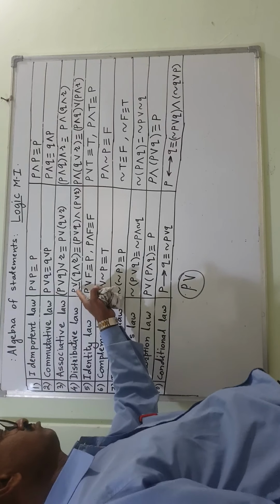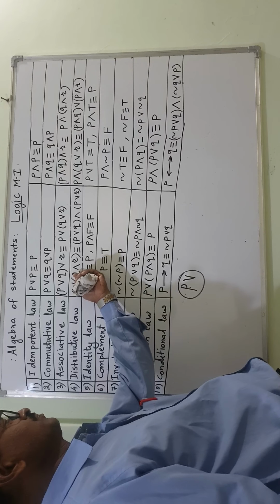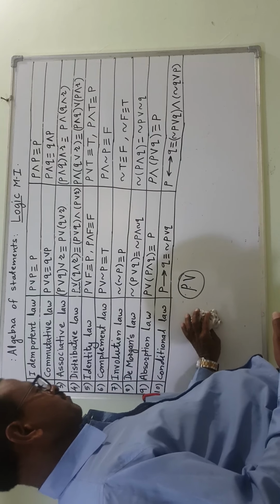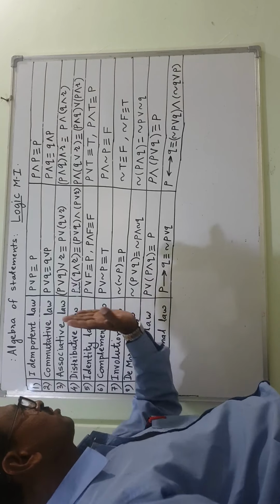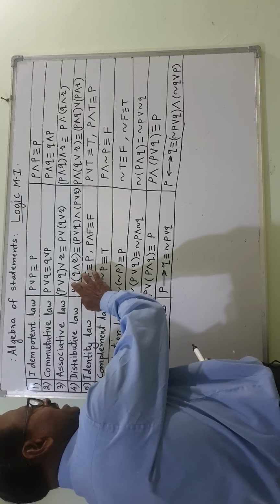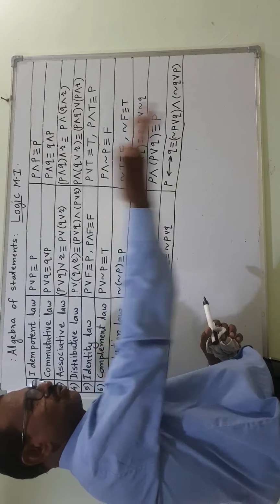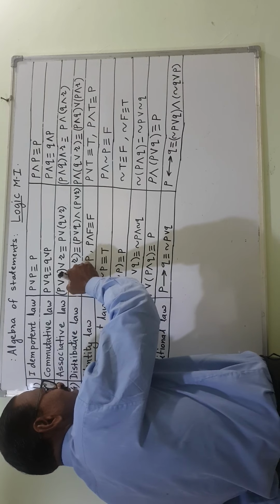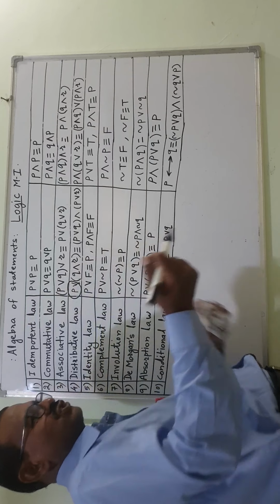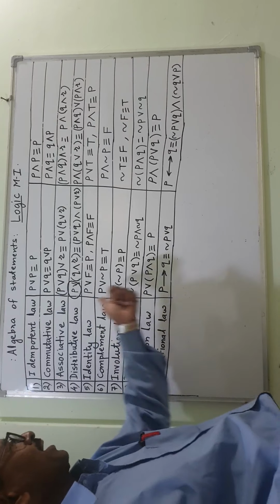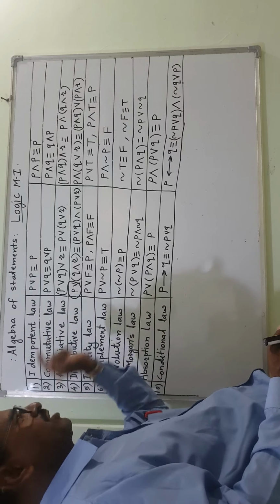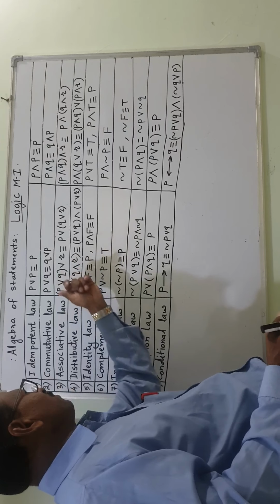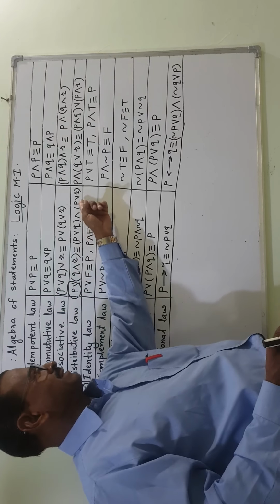P or Q, then it is AND, P or R. This law goes for the student, it becomes difficult because they don't remember this, because there are two signs, or also and also, and what to do about this. So always keep in mind that this is fixed. This is joined together, it is glued together, screwed together. Don't separate this or from this. P or Q, and then AND, P or R. Check this.